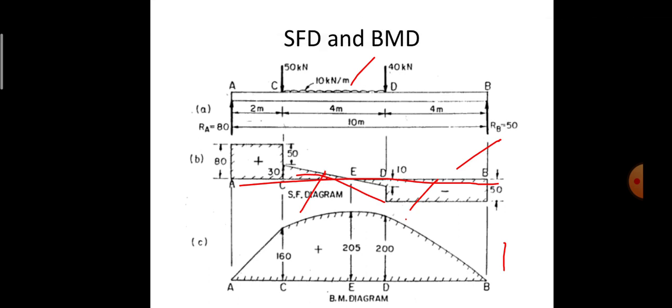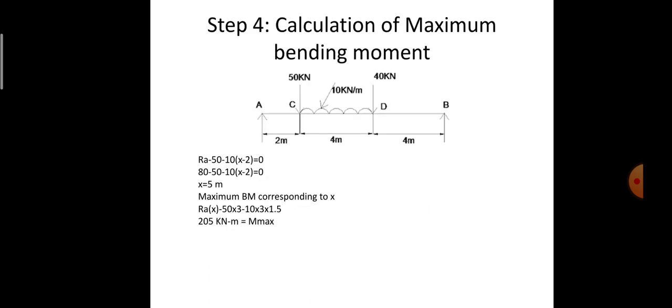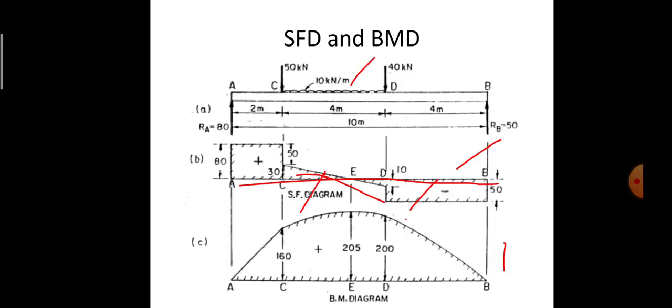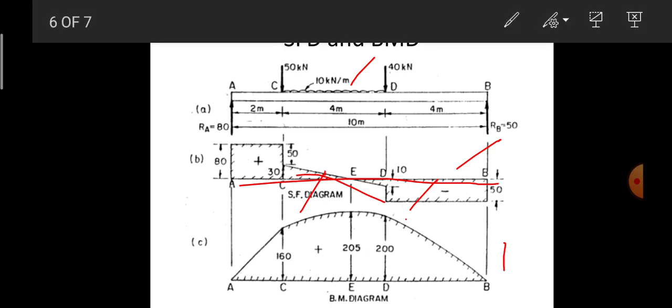So in order to find out the maximum bending moment point or maximum bending moment value, we are supposed to solve at what distance the shear force is 0. So at what distance the shear force is 0, that distance we are supposed to find out. So here if I just start from point E to A, we have the bending moment sketch as 205.